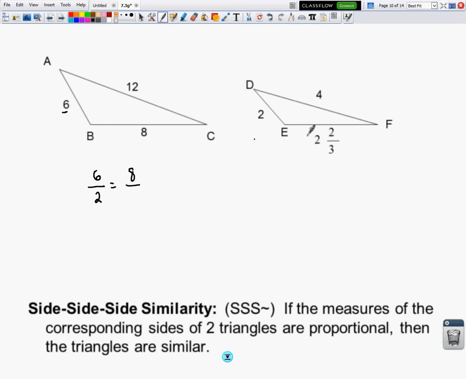And rather than working with this as a mixed number, I'm going to work with this as an improper fraction. And then the largest side would be 12 over 4. How many times does 2 go into 6? 3.